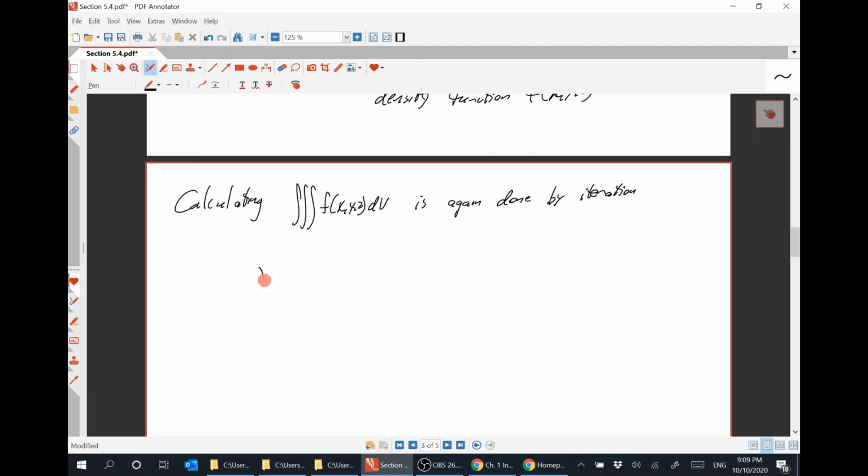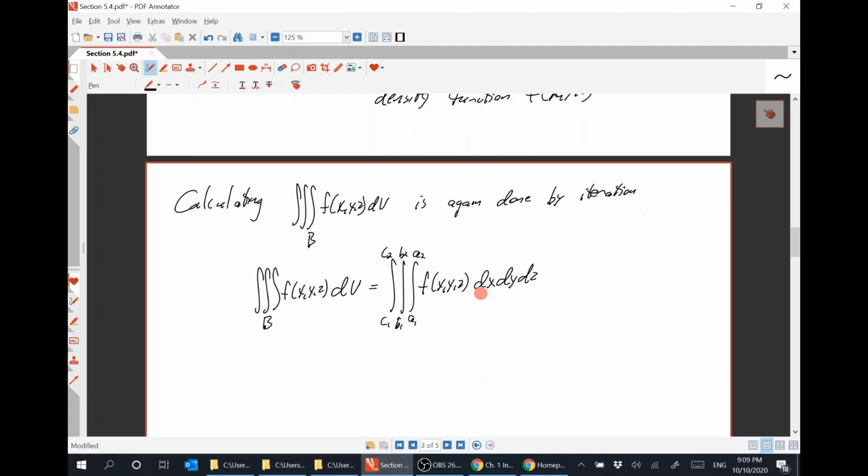So the triple integral over B of f(x, y, z) dV is equal to, well, you have to pick in what order you're going to do it. x first, dx, dy, dz.